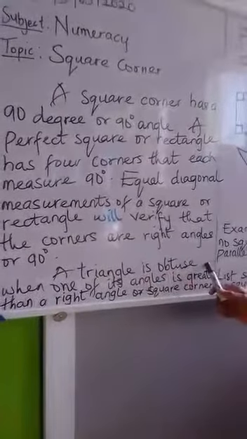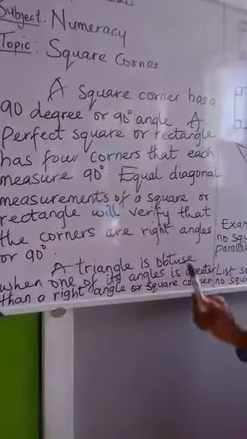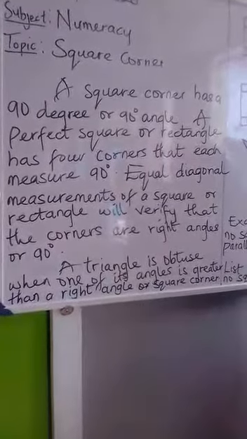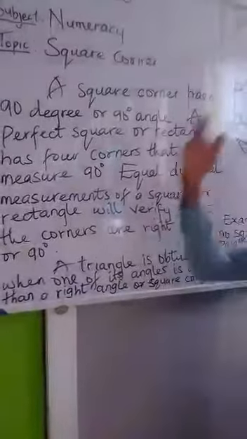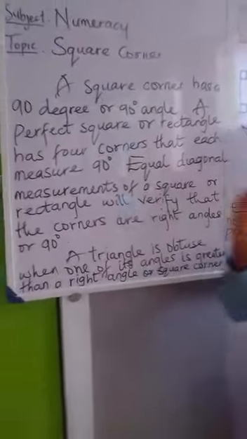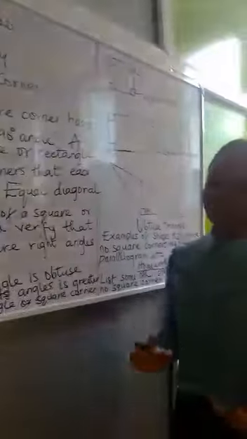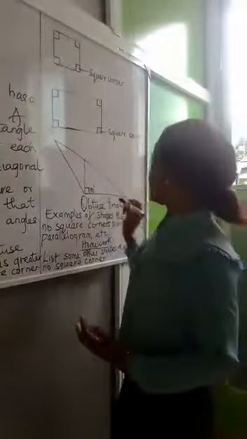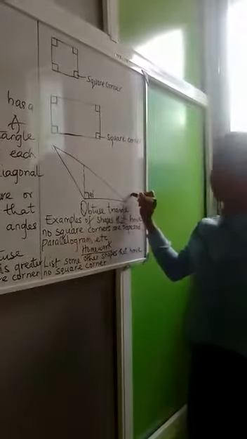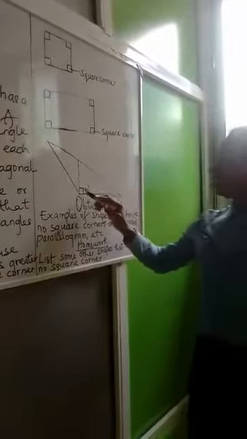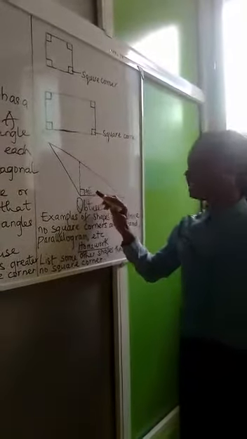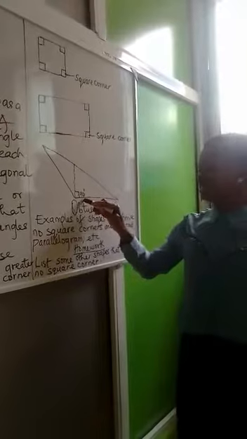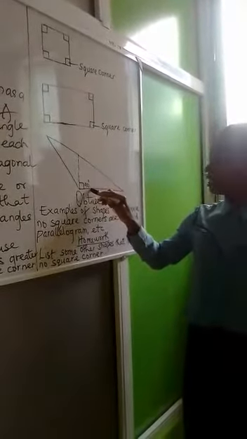A triangle can be obtuse. What do I mean by an obtuse triangle? An obtuse triangle is a triangle with an angle that is greater than 90 degrees, but less than 360 degrees. For instance, look at where I drew the obtuse triangle here. You can see the obtuse triangle is greater than 90 degrees. This is a picture of what?